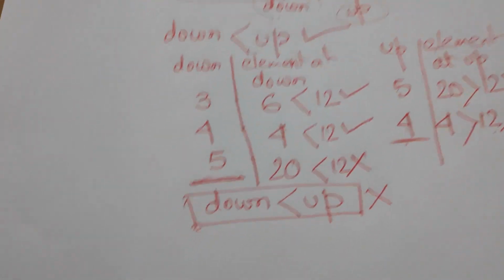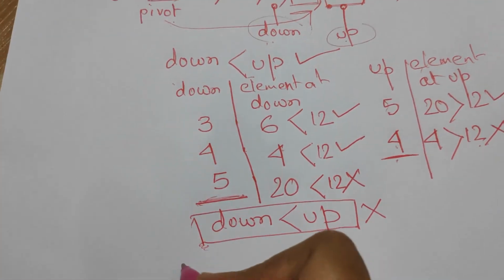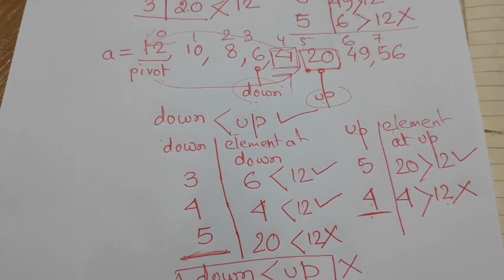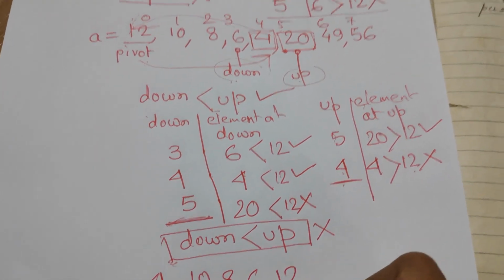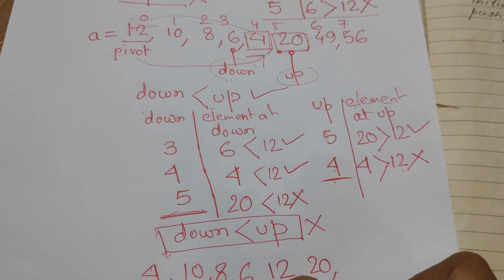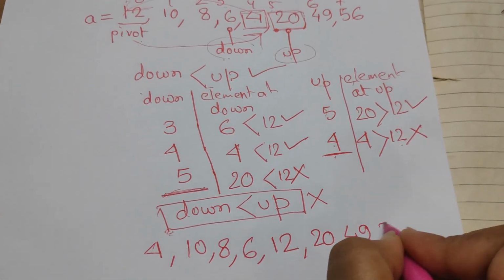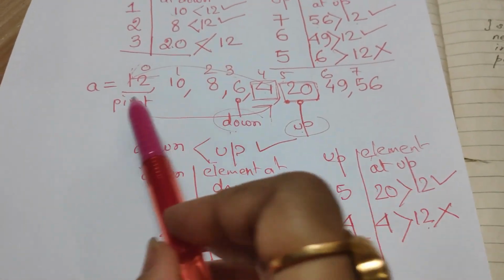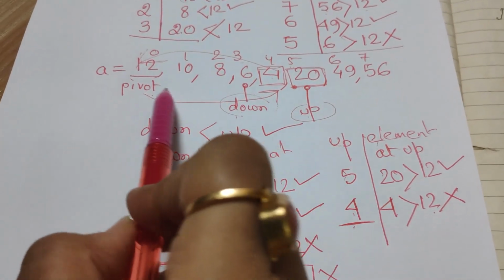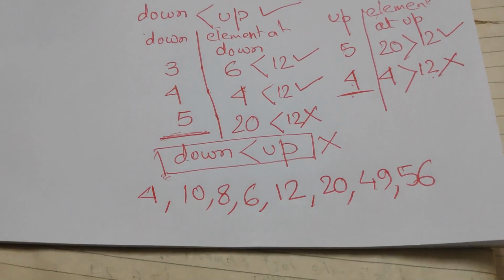So what will happen? Our list will become 4, 10, 8, 6, 12, 20, 49, 56. Right? Because we have swapped 4 with 12.